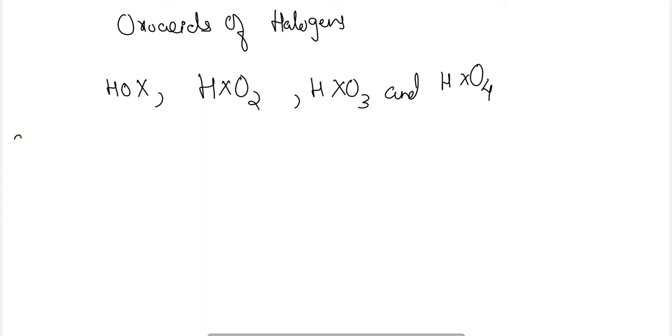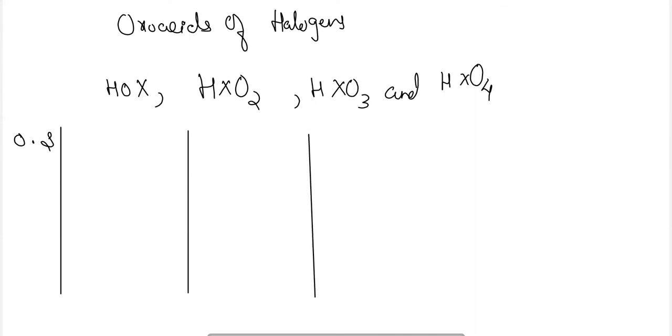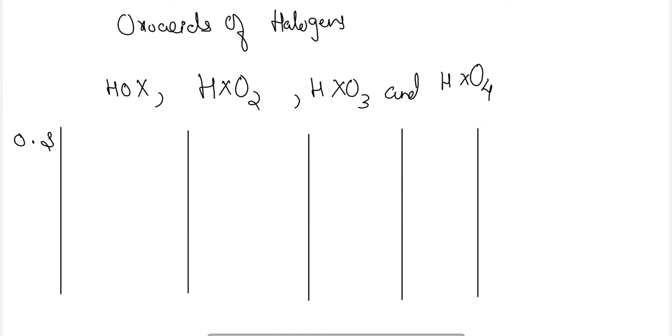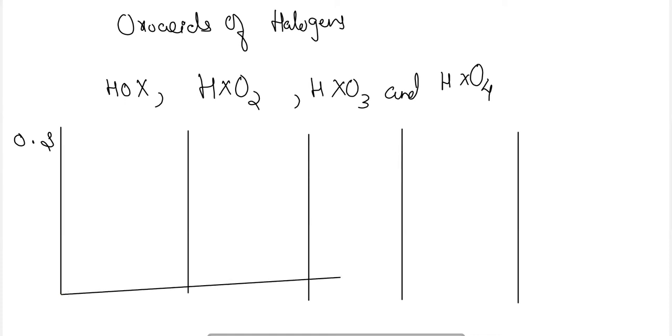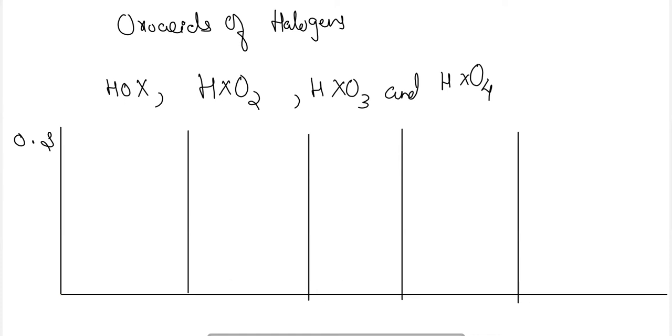We make a table: one column for the oxidation state, a second column for the acid's name, then fluorine, chlorine, bromine, and the last is iodine.